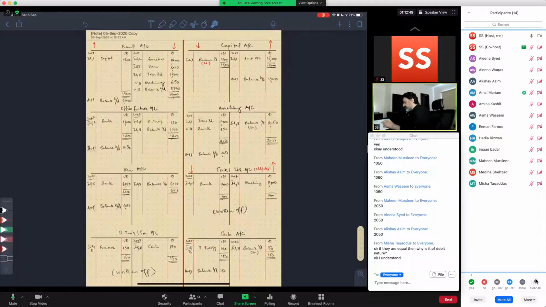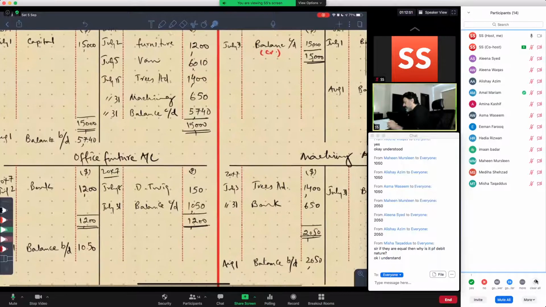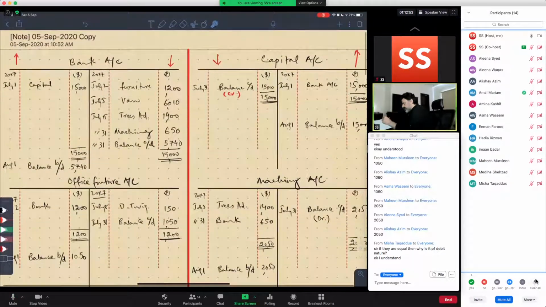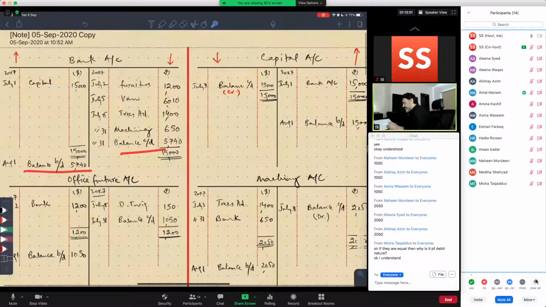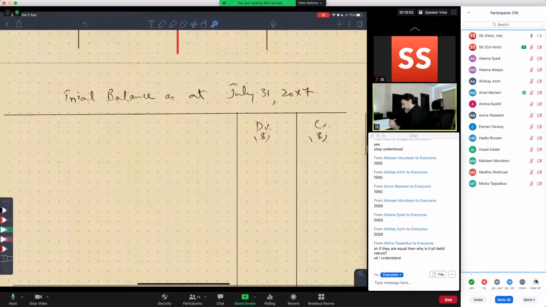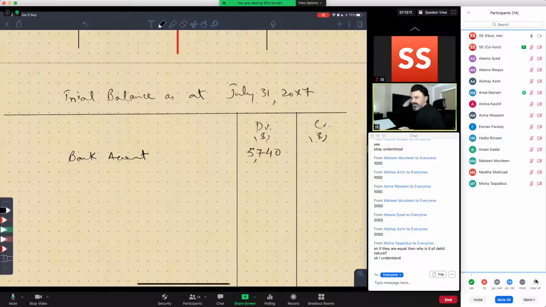So we will refer to our first account here, the bank account, and the bank account has a debit balance of 5,740, which was brought down on its side. So this is a debit balance. So we are going to list the first account here, the bank account, and the bank account has a $5,740 debit balance. So we're going to list this balance on its debit column.